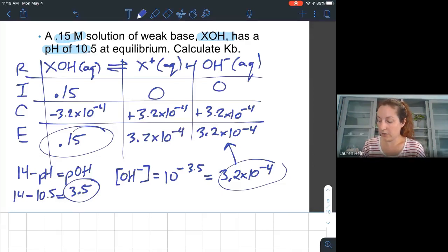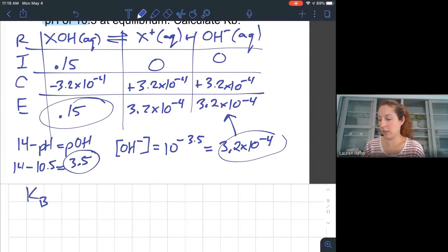We're finding our base equilibrium constant. So that's going to be the concentration of the products over the concentration of the reactants.